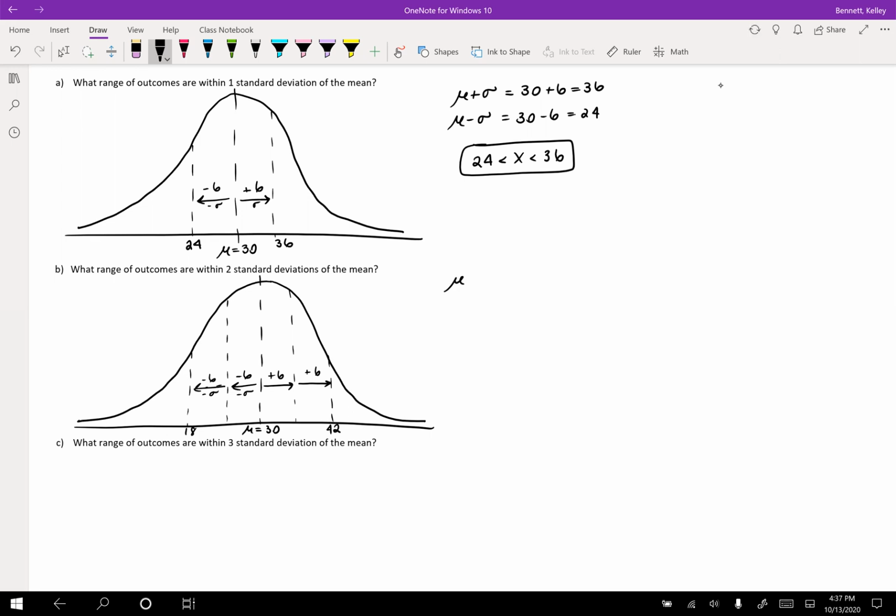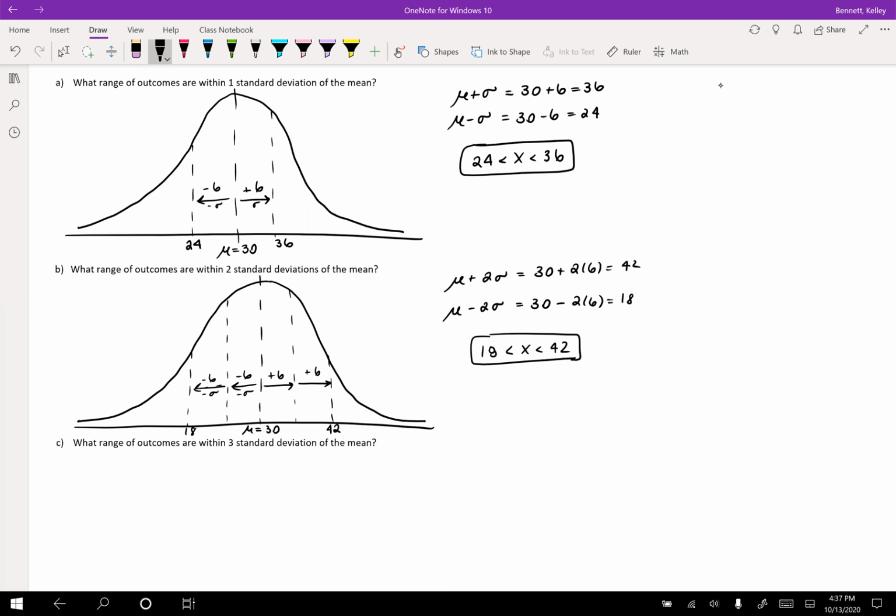I could also look at it as mu plus 2 sigma and mu minus 2 sigma. So that's 30 plus 2 times 6, giving me 42, or I could go to the left, mu minus 2 times 6, giving me 18. So the range 18 to 42 is within 2 standard deviations of the mean.